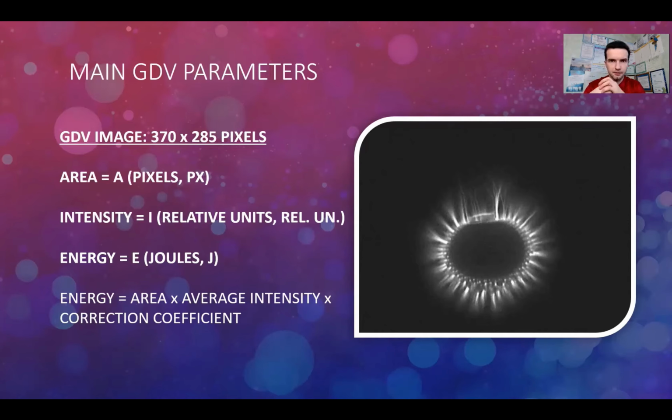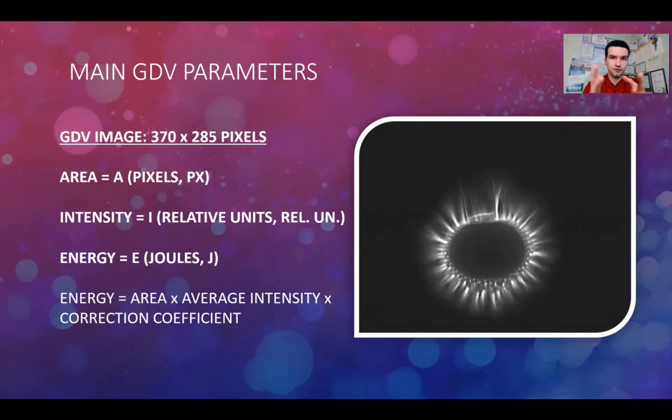And the area parameter takes into consideration only those pixels that are not black and that are connected with the glow from the object under study. So you see that there are two main parameters: area, so the number of pixels in the image, meaning only the glow pixels, and the intensity of these pixels.